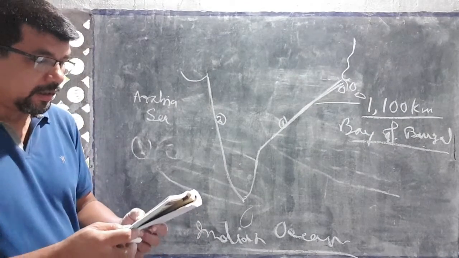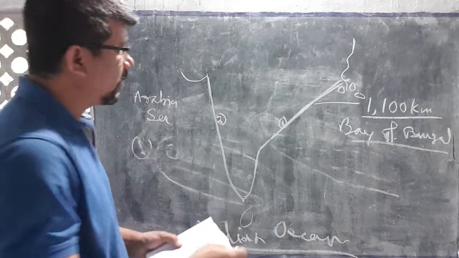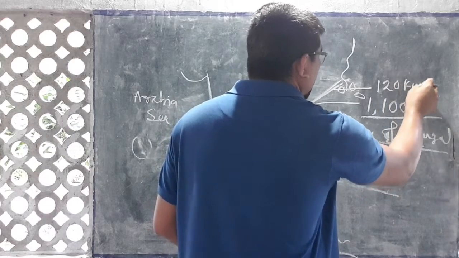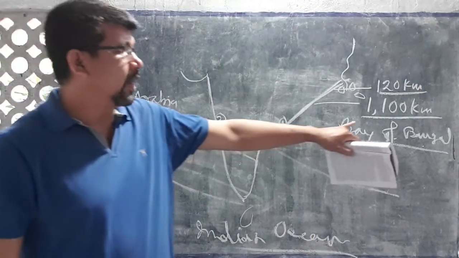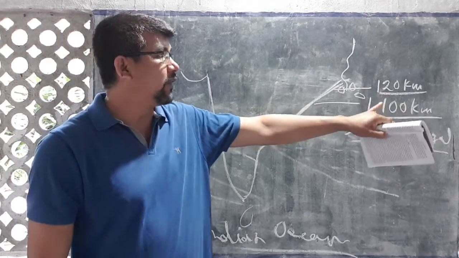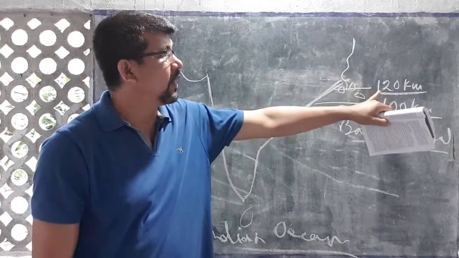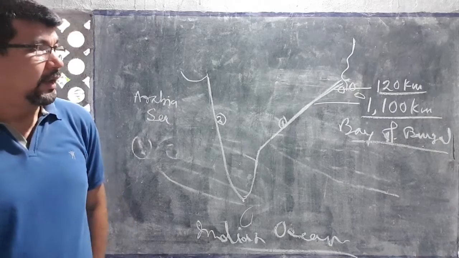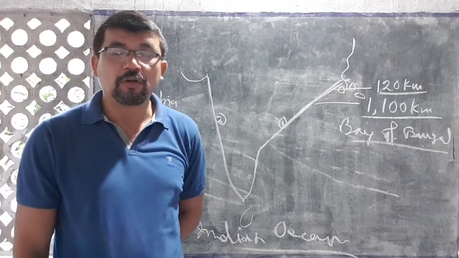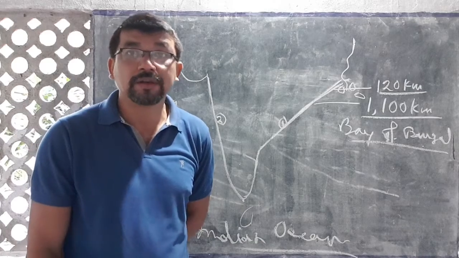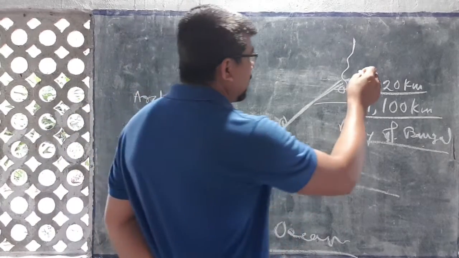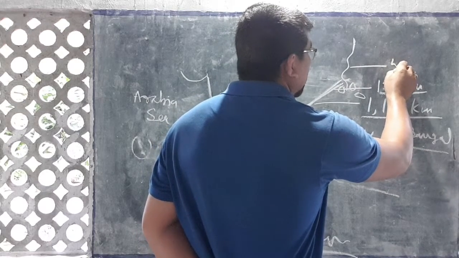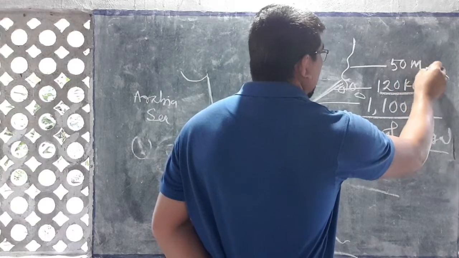And its width is how much? Nearly 120 kilometers wide. Length is 1,100 kilometers and the width of the eastern coastal region is 120 kilometers. And the average height of the coastal region from the mean sea level is not more than 50 meters.